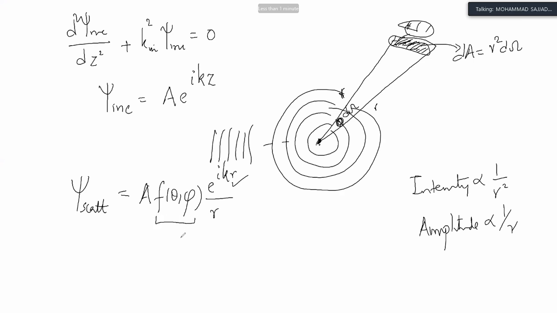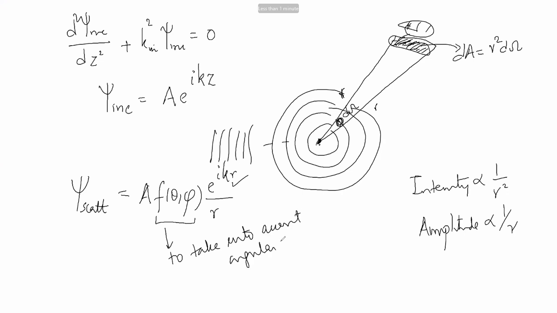This factor f is there to take into account the angular dependence, and we call it by the name scattering amplitude.